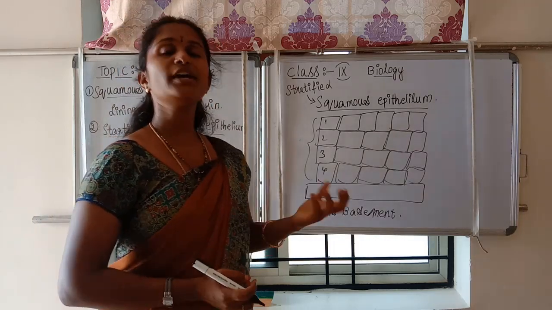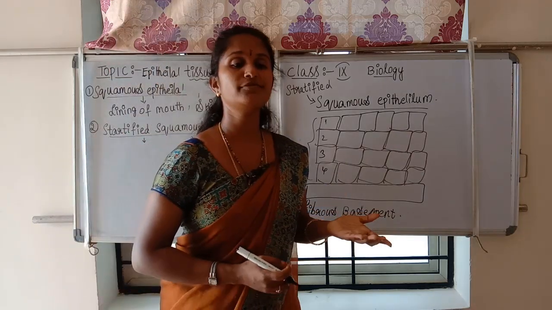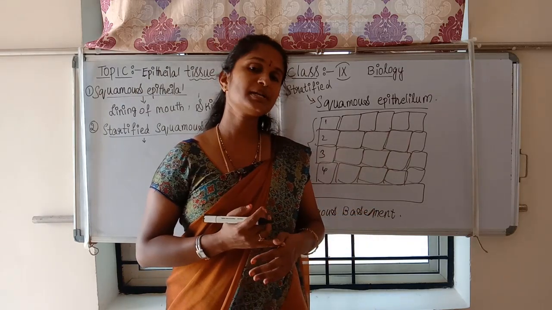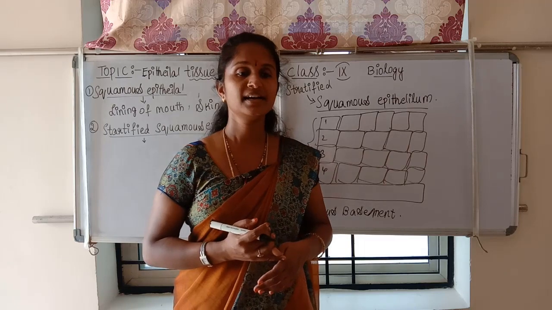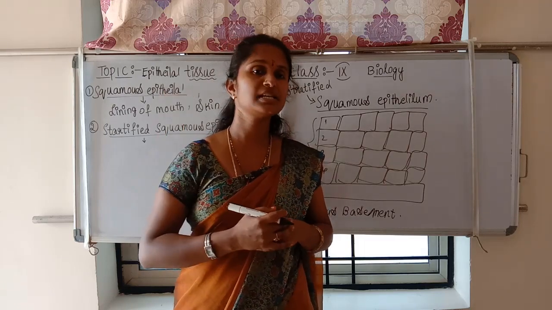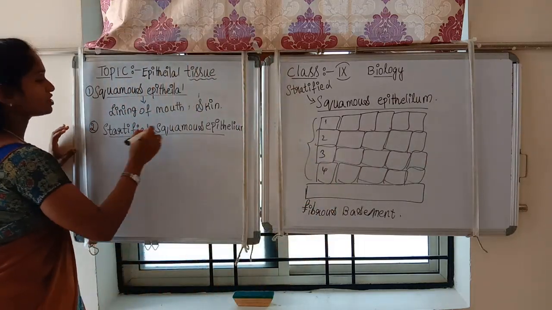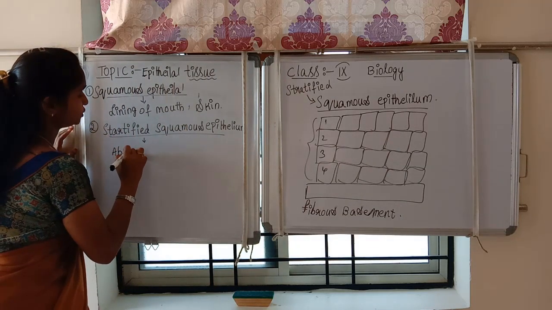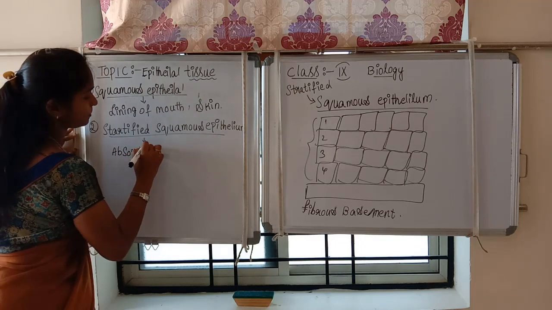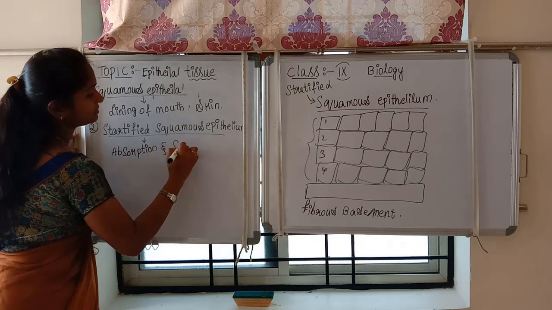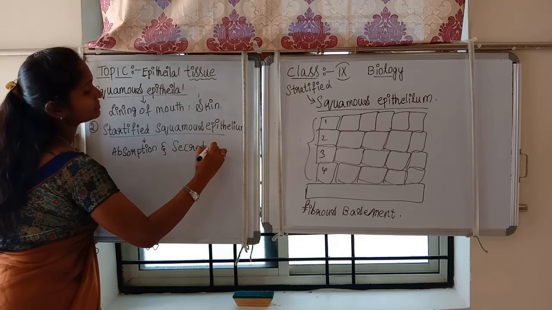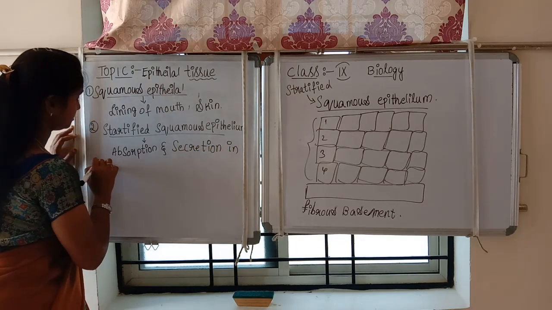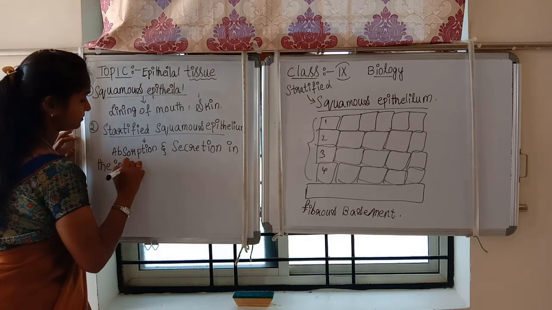Next, where do you see this? It is helpful for absorption and secretion. Where is it present? In the intestine, where tall epithelium cells are present. These are helpful for absorption and secretion in the intestine.